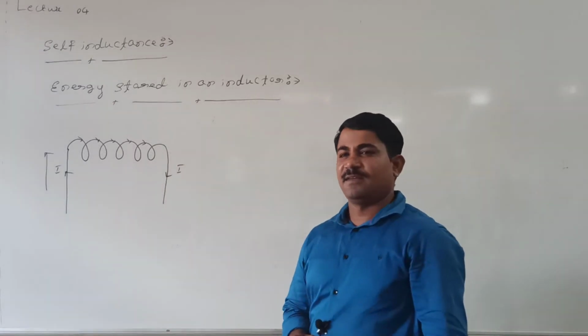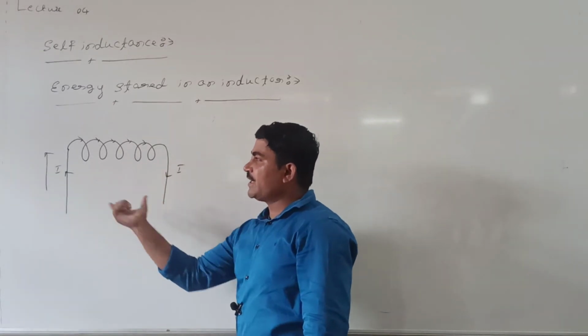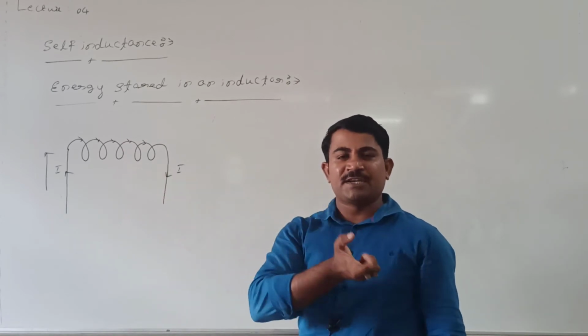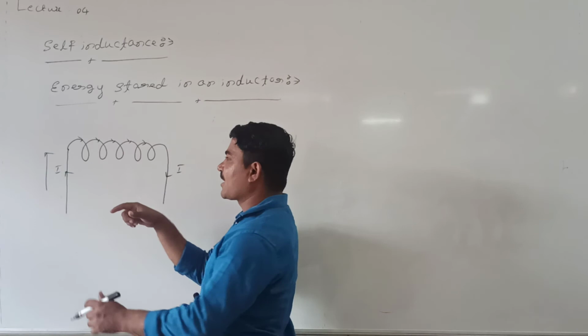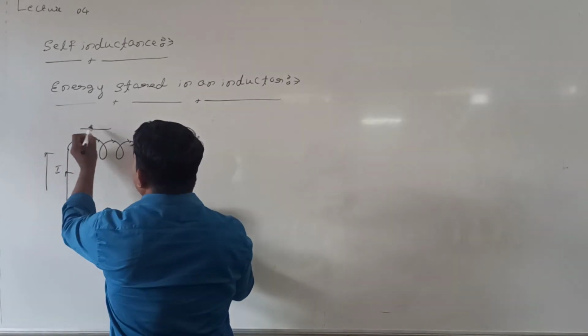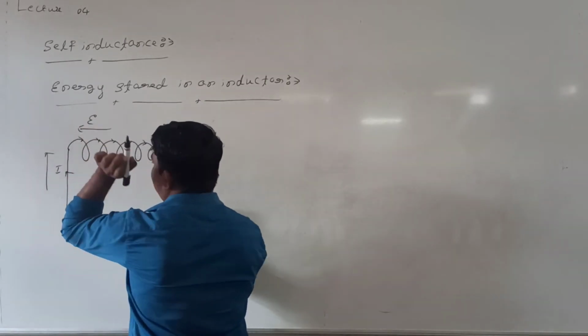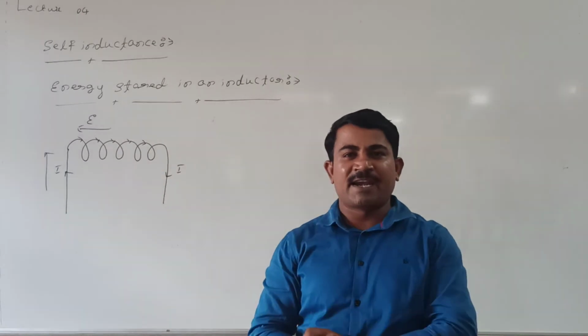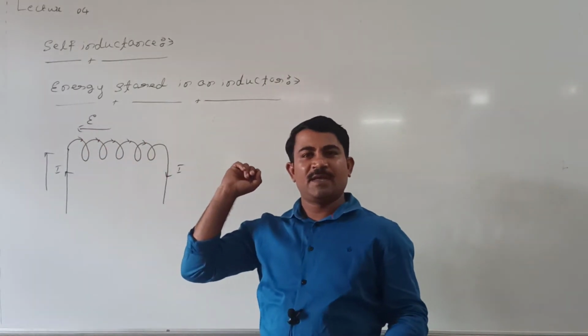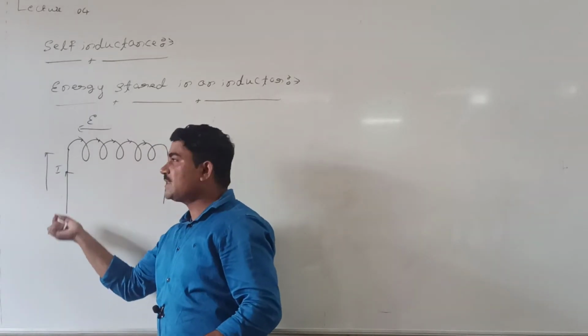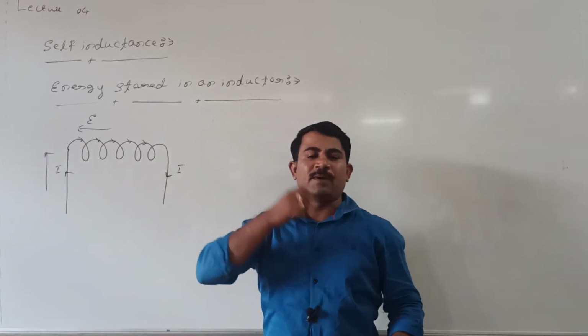Wherever current increases in the coil, variable magnetic flux is produced. The variable magnetic flux induces an EMF E. Again and again I am saying, this induced EMF opposes the growth of the current. If the current decreases, this EMF acts along the direction of applied current.